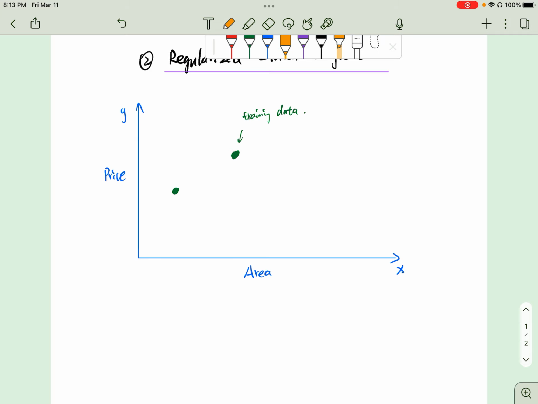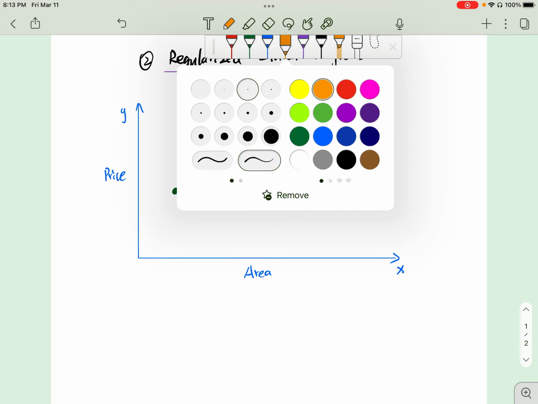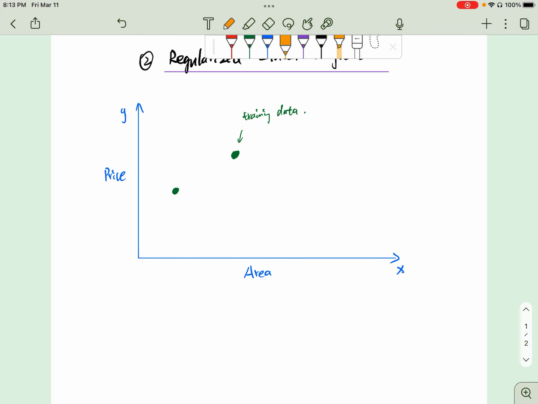If we only have 2 samples and we use linear regression, the linear model, we know that 2 points can decide a straight line. So overfitting is more likely to occur. If you ask the optimization algorithm to find the minimum residual sum of squares, it may give you a straight line like this.